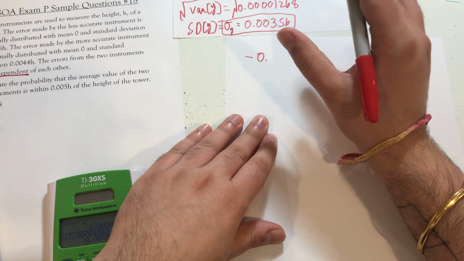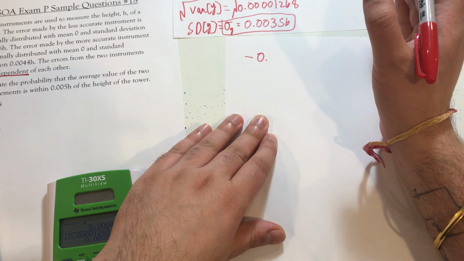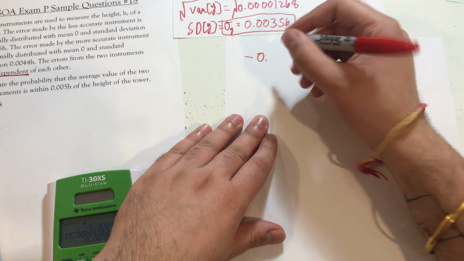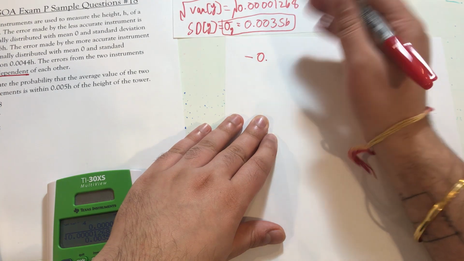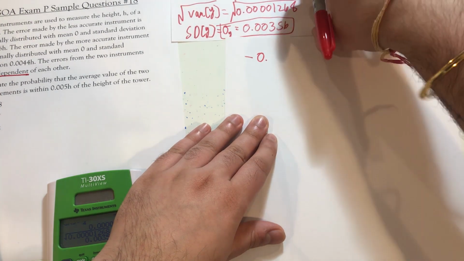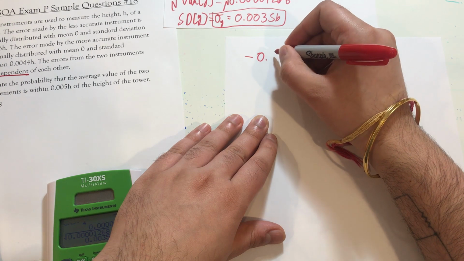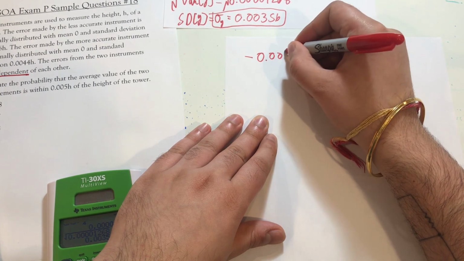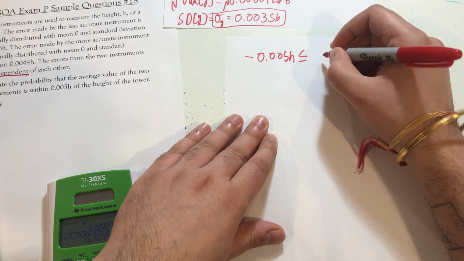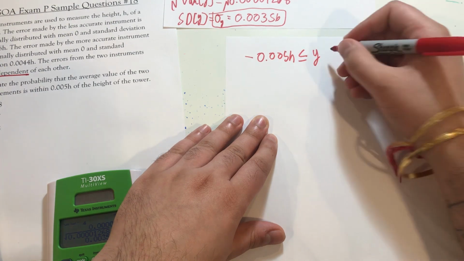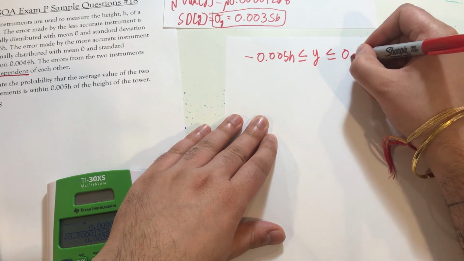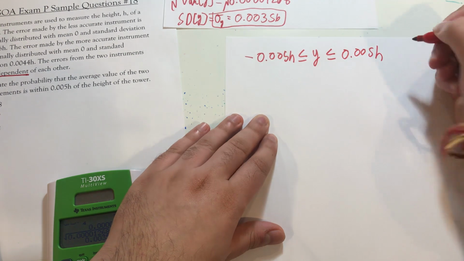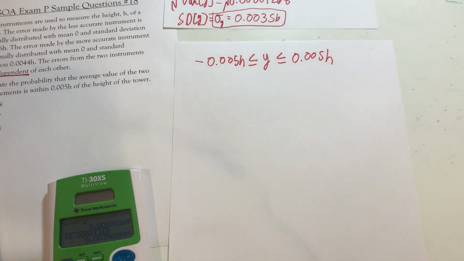So you're either 0.005h below, so that would be negative, below the average, and the average is 0. So you're either at negative 0.005h, less than or equal to y, less than or equal to positive 0.005h.